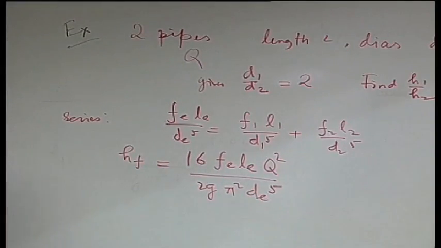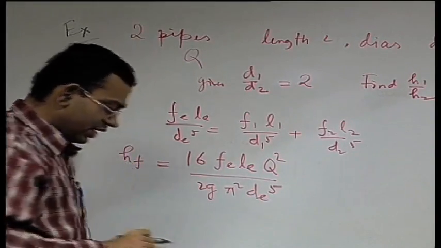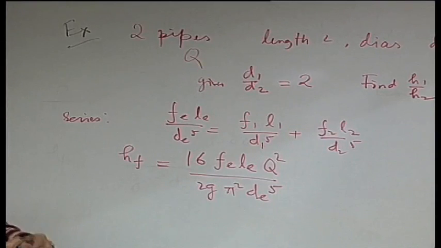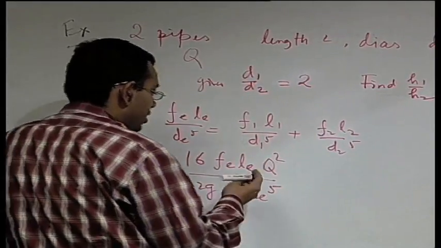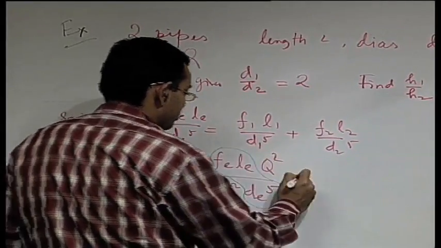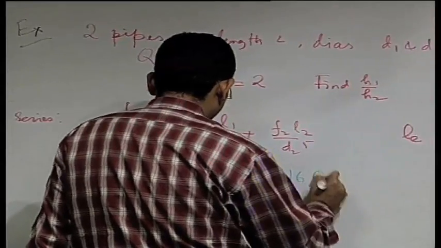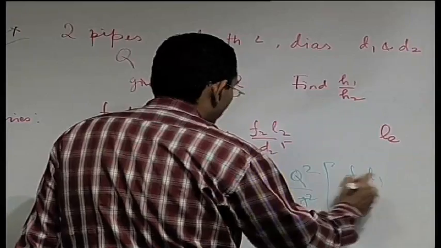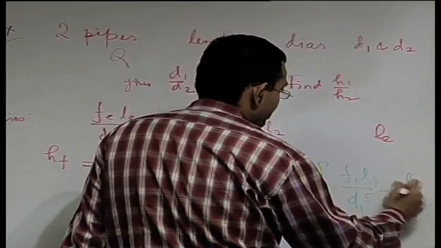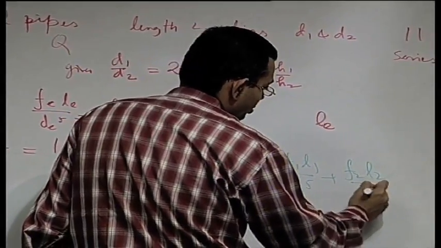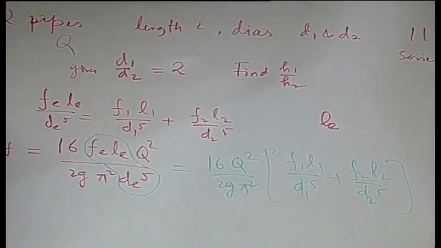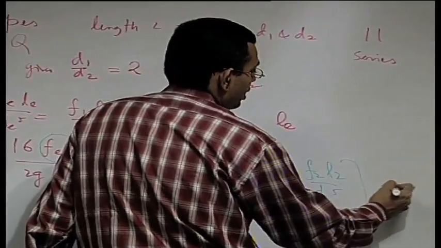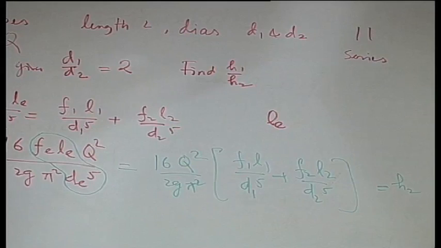So you can clearly see that you get an expression where you have Fe Le by d to the power 5. So, let us say that you write in place of that 16 Q square by 2g pi square, then F1 L1 by d1 to the power 5 plus F2 L2 by d2 to the power 5. This is given as H2, this is series.